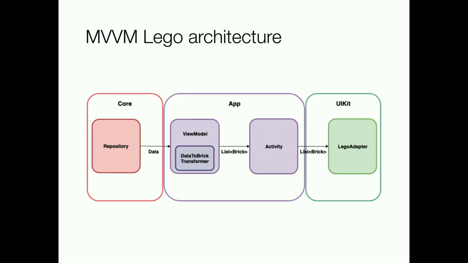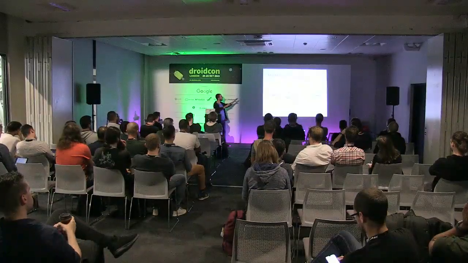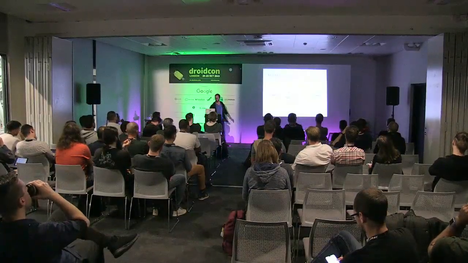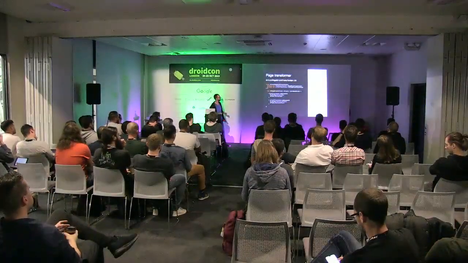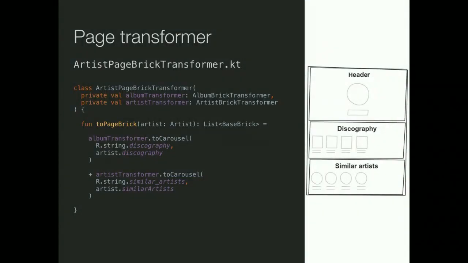So the whole magic, and everything that is important when you create a new feature, will be in this transformer. We'll have a look at what it could look like. This is a very simplified example, but we have here an artist page.